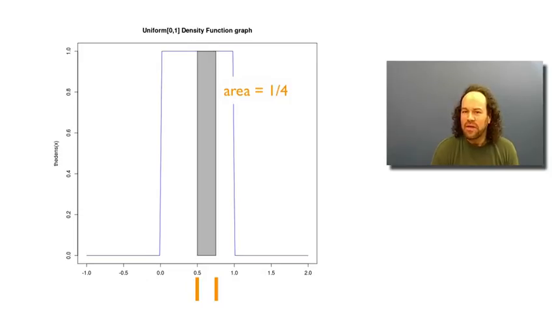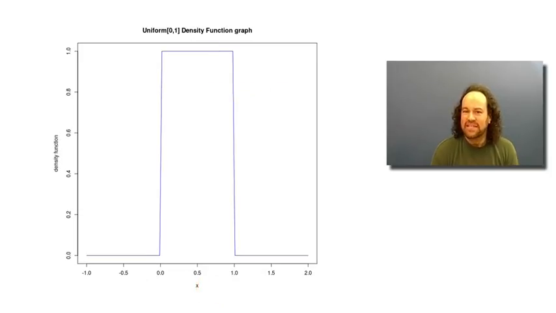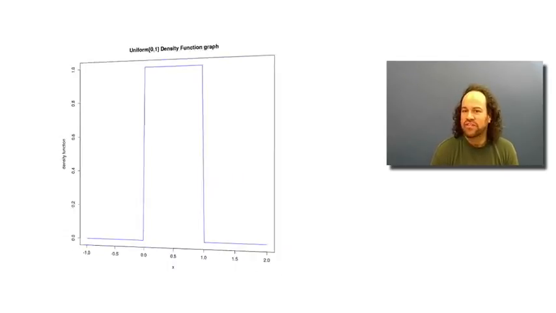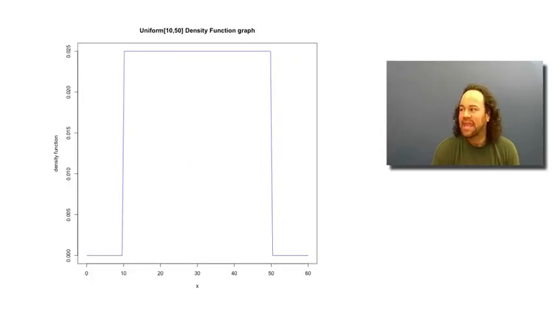Now, once we understand about density functions, then we can use them for other distributions too. For example, instead of just having a random variable that's uniform between 0 and 1, we could have a random variable that's uniform between, say, 10 and 50. It would have a density which is equal to 1 over 40 for all numbers in between 10 and 50.